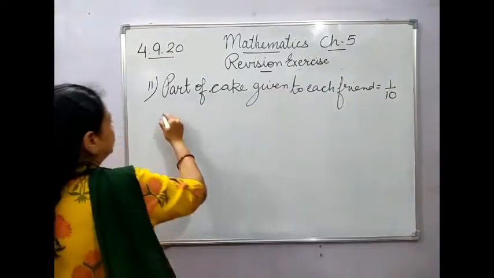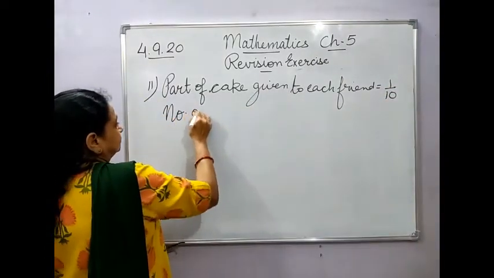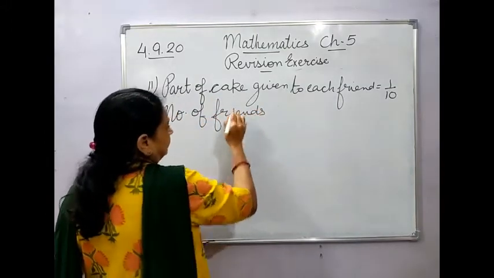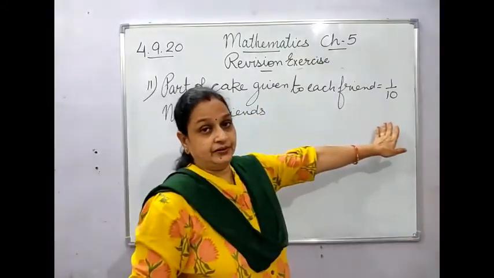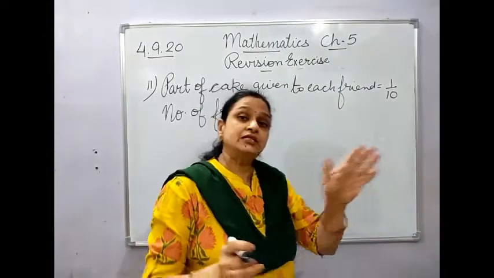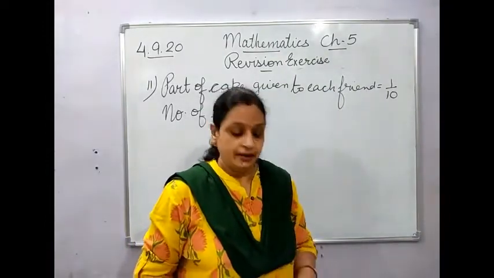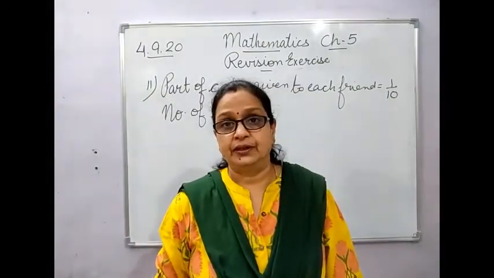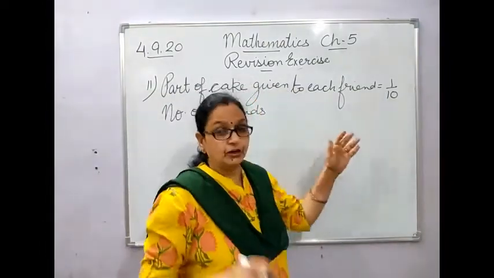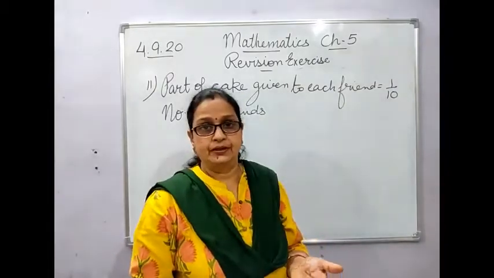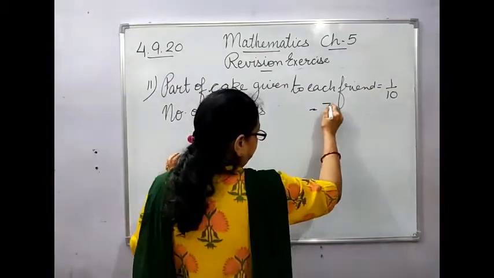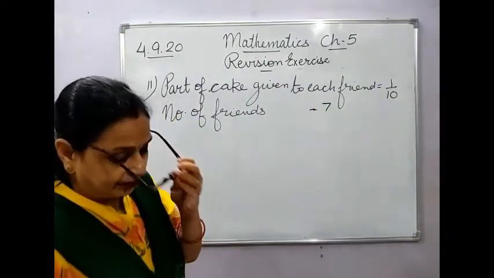Number of friends, this is 1/10 she has given. So how much is used? First we will find out that, because they have asked how much remains undistributed. So first of all we have to find out how much has been distributed. For that we are doing this. Number of friends 7.